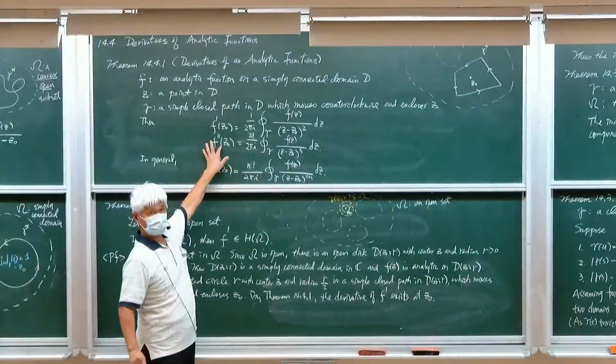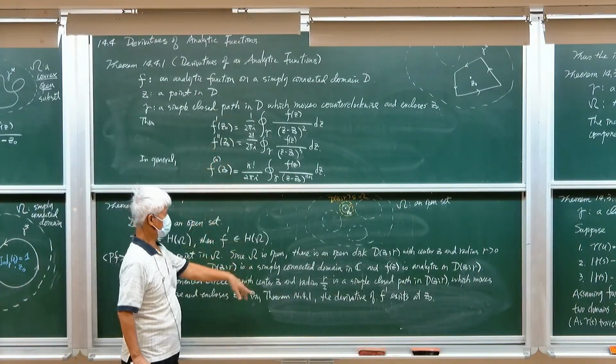This is the derivative of f prime at z0.